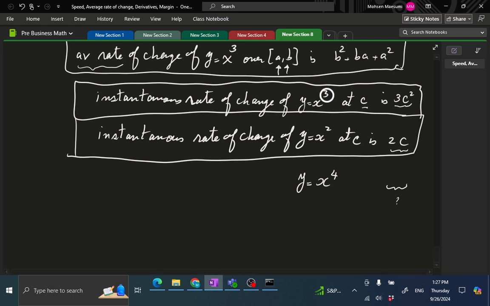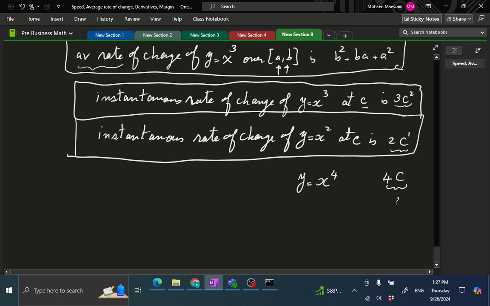Did you guess? This 3 that shows up here is one notch lower than the exponent you had. 2 is the coefficient here, and this is really C to the 1. 1 is one notch less than this. So in this case, it's going to be 4, and C to what power? Yes, if you said 3, then you are correct.